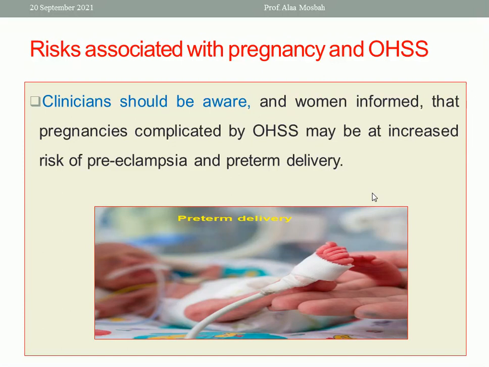Is there any risk with pregnancy in a case after ovarian hyperstimulation syndrome? Yes, pregnancy is more liable to preterm delivery, and preeclampsia may occur more frequently than in normal cases.